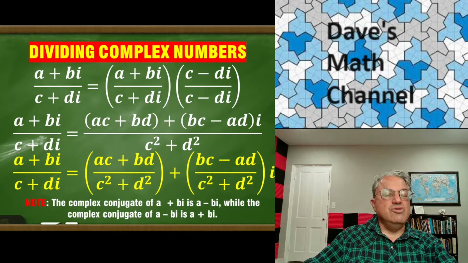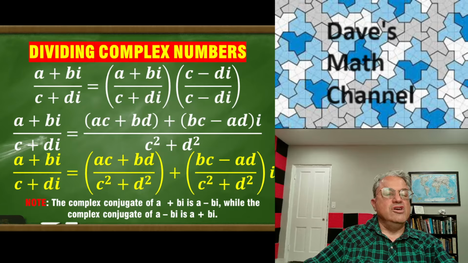So if you do that, remember that c plus di times c minus di is just c squared plus d squared. So the denominator becomes c squared plus d squared, and then you just use the rule for multiplying two complex numbers, which I went over at the beginning, and you get ac plus bd plus the quantity bc minus ad times i.